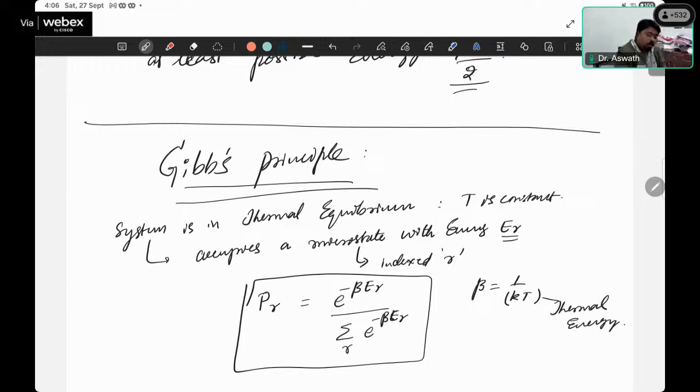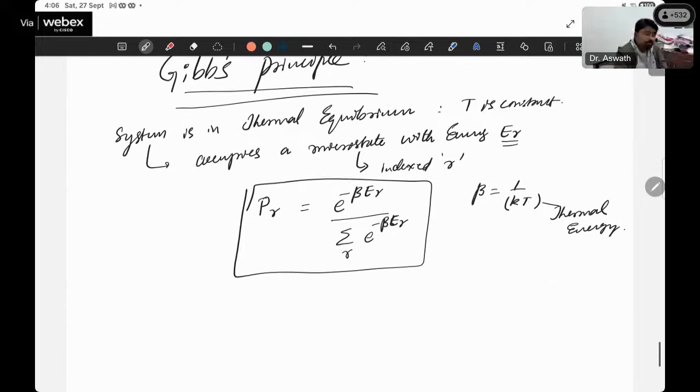Now we'll come back to one of the questions by Satish Ji. The denominator is the summation over exponential of minus beta ER. So this is for a discrete system, discrete in the sense of quantum.